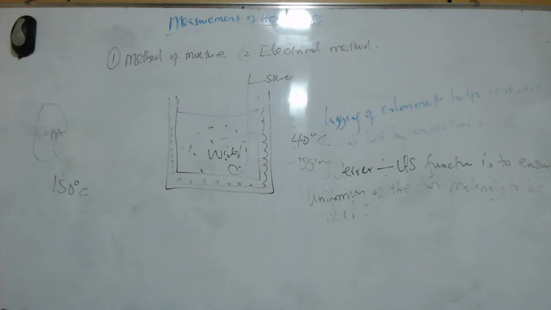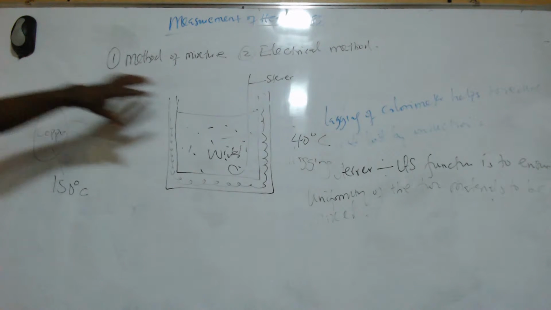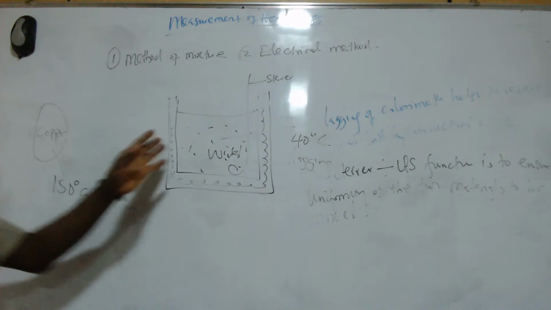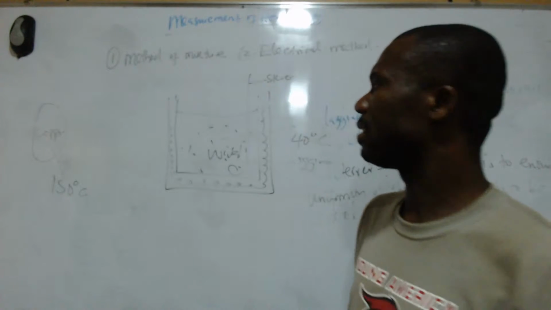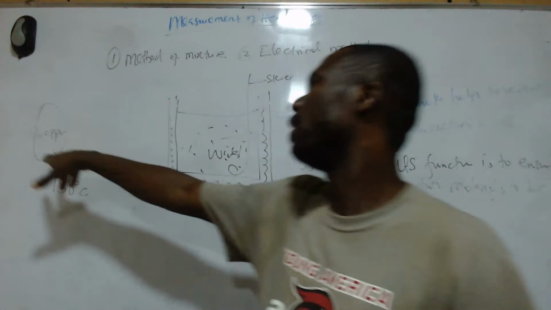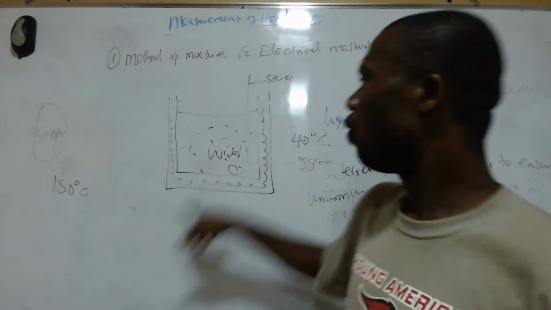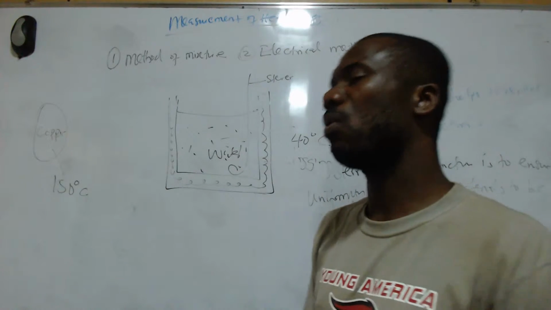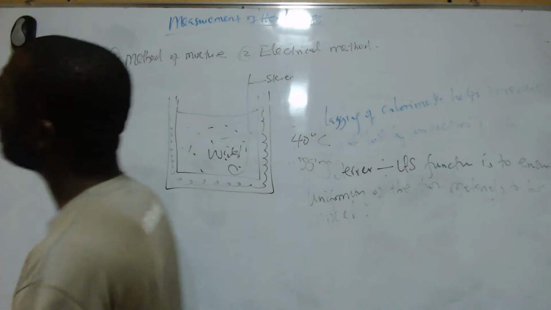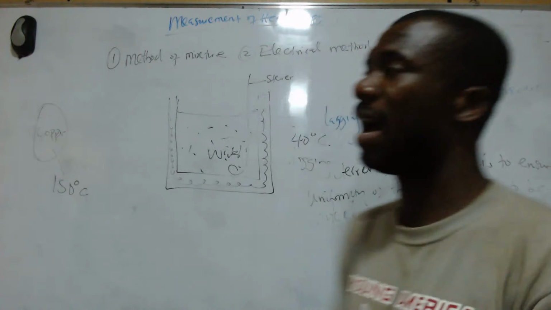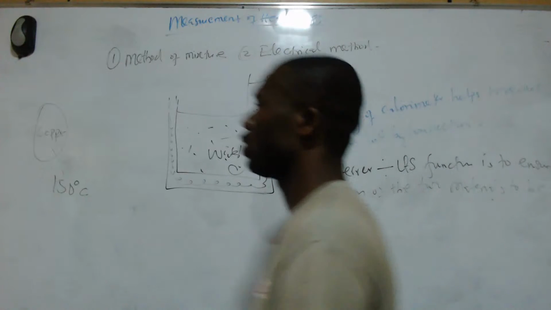Now you need to transfer this hot copper inside here. When you transfer the hot copper inside here, you find out that the temperature of the copper will drop, while the temperature of the water will rise. The rising is because the water has gained heat from the copper, and the copper has dropped its temperature.